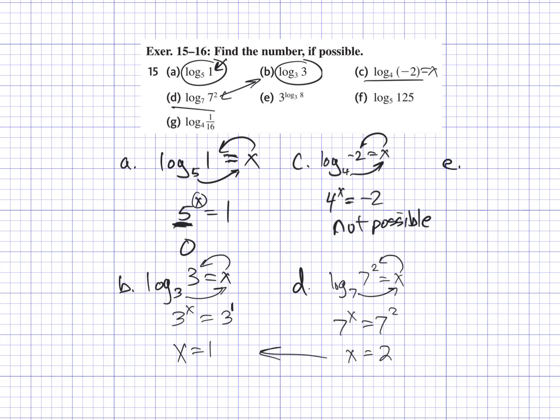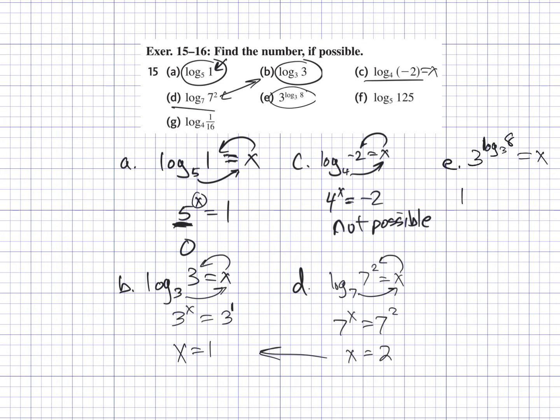E. Oh my, what does this equal? So 3 to the log base 3 of 8 is equal to x. I don't know what it equals. Okay, so if we're going to change this to a logarithm, because this is exponential, just because you have a log in the exponent doesn't mean it's a logarithm. The exponent is a logarithm, but the whole problem is exponential.